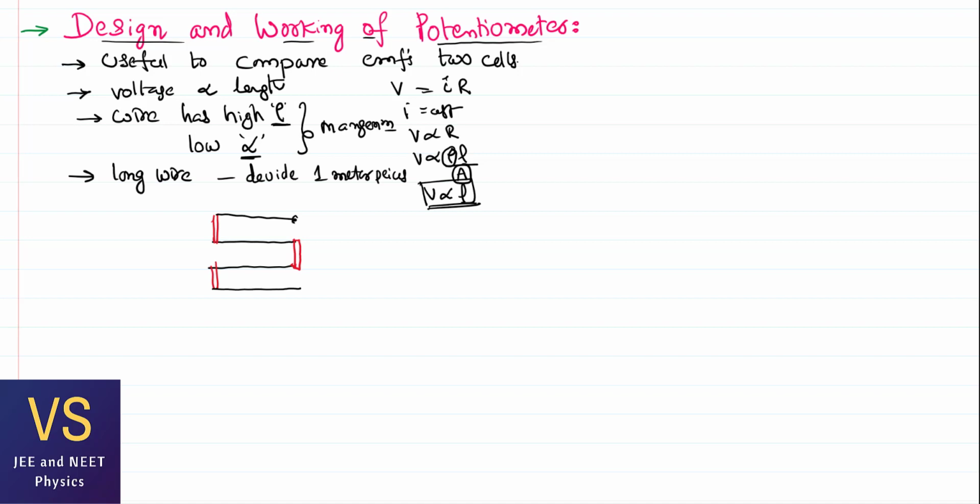Like this we can connect as many wires each of 1 meter that we need in an experiment, but they occupy a space of only 1 meter. That way we are going to have a size of only 1 meter, but this wire can be considered as a length of 1 meter plus 1 meter, 2 meter plus 3 meter plus 4 meter and so on. So a long wire is divided into 1 meter pieces, and they are all connected with the help of a thin copper strip, so that their resistance is not affected seriously.